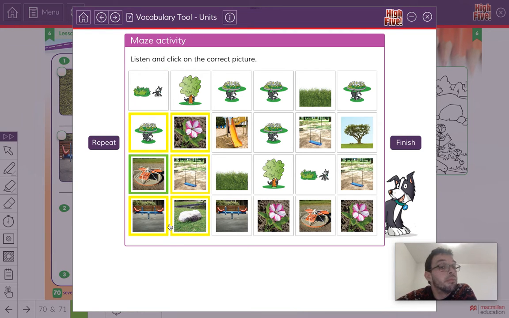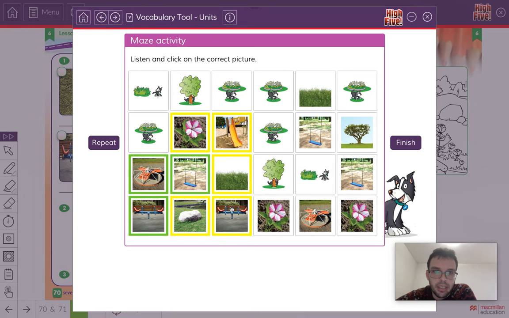What's next? We can play on the seesaw. Which picture is the seesaw? This one. We can play on the swing. Which picture is this? Very good. We can see a rock.